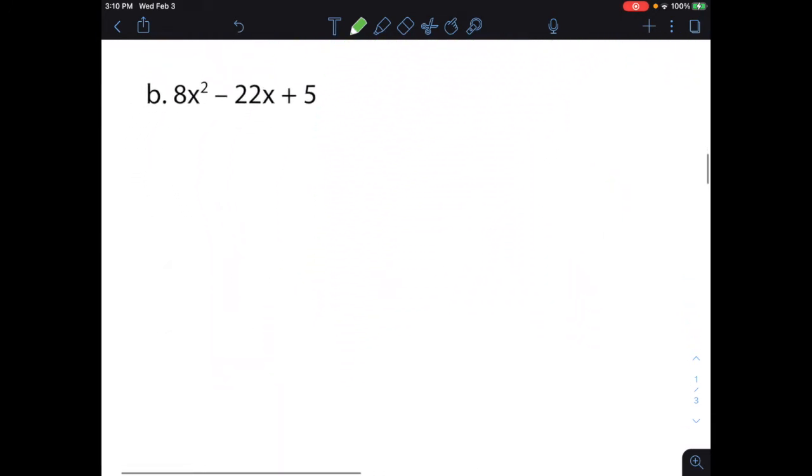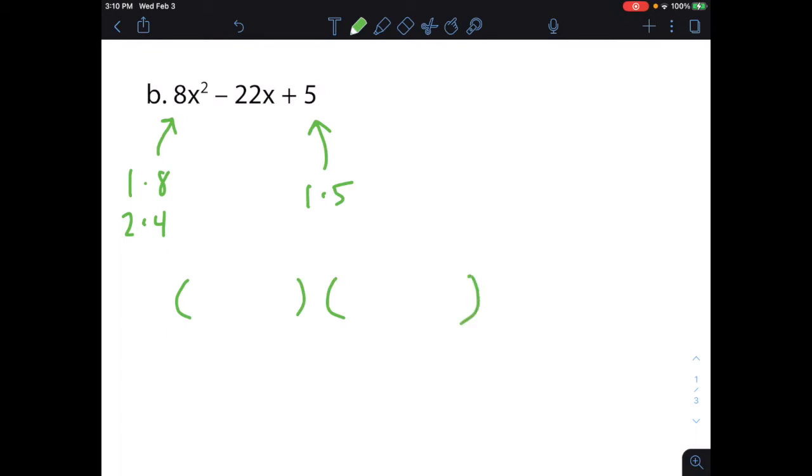Here's another one. Now, this is one where, unfortunately, the 8 has 2 factor pairs. But we're getting lucky here because the 5 has only 1 times 5. So this one, we can do a little differently. I know that the last term has to be a 1 and a 5, because there's only one factor pair for 5.